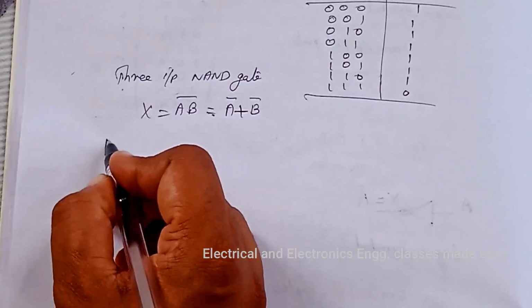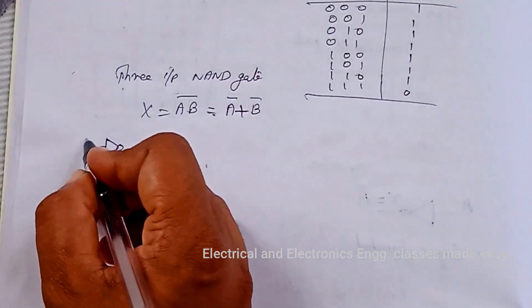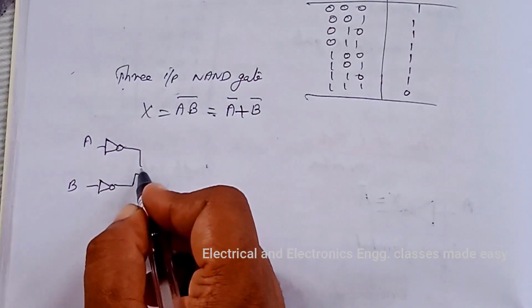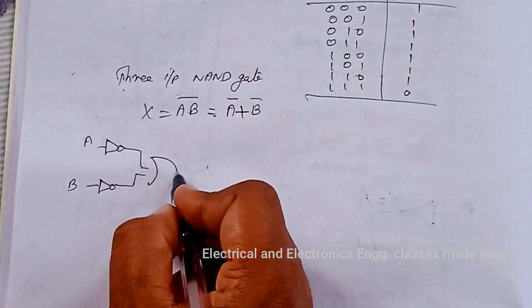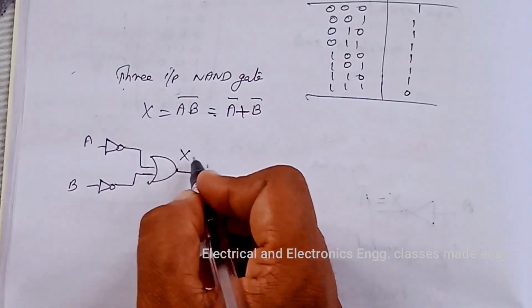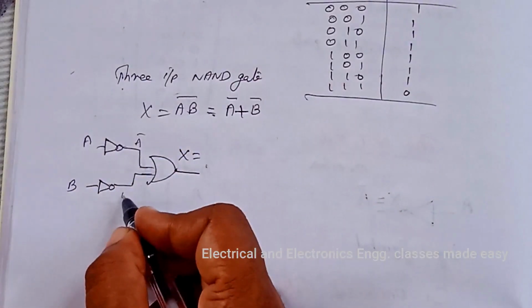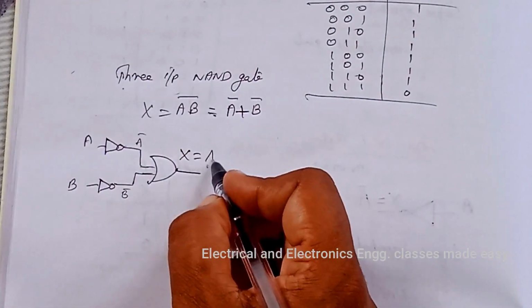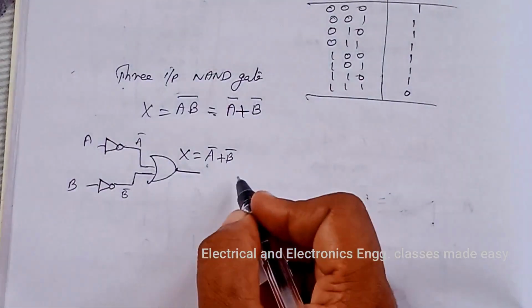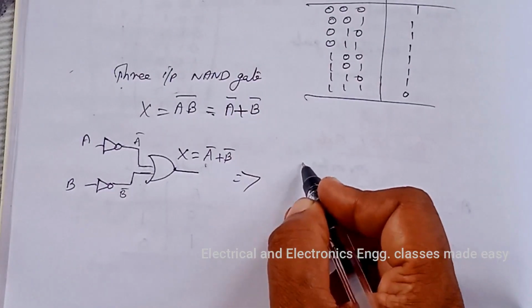That is, first inverting the inputs, then OR its output. That is, this is the OR gate. Then we will get x is equal to, this is a bar, this is b bar. Then we will get a bar plus b bar. And it can be drawn like this.